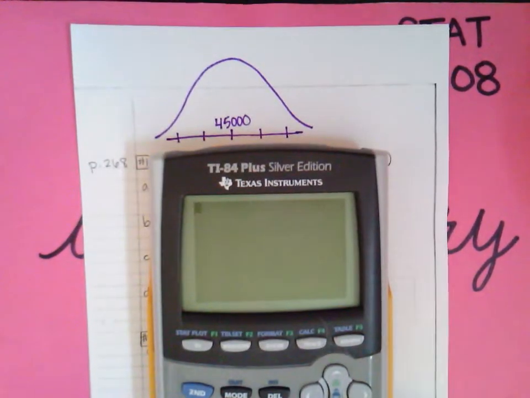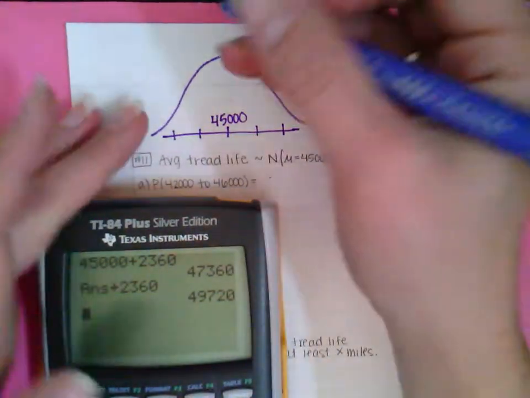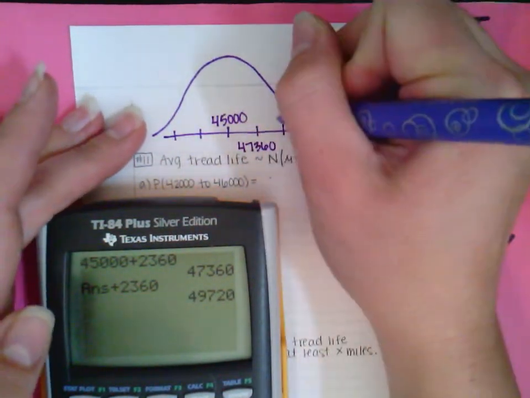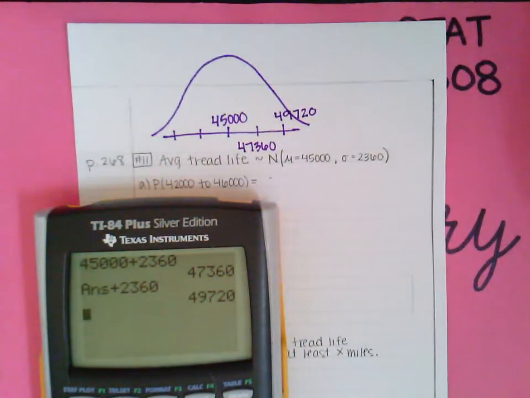So if I take 45,000 and I add 2360, and I add 2360 again, then I can see what these would be on the number line. So I'm going to just include those for my distribution here.